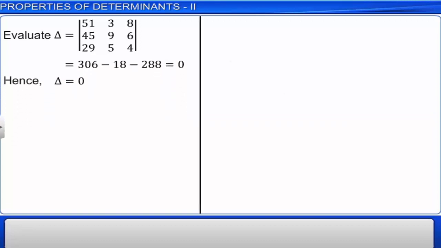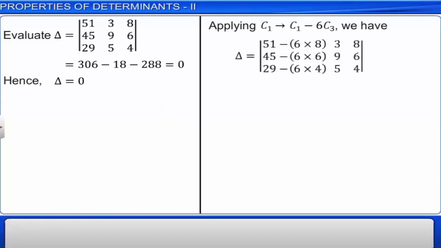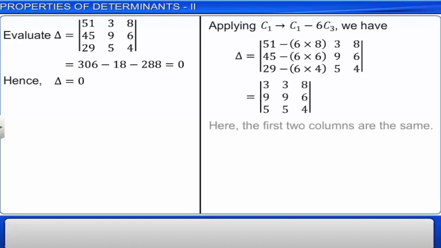Applying column operation C1 goes to C1 minus 6 times C3, we get the determinant with its first two columns having the same entries. Now, by property 3, if two rows or columns of a determinant are identical, then its value is 0. Observe that either way, the result is the same. But with the help of properties of determinants, it can be simplified more easily.